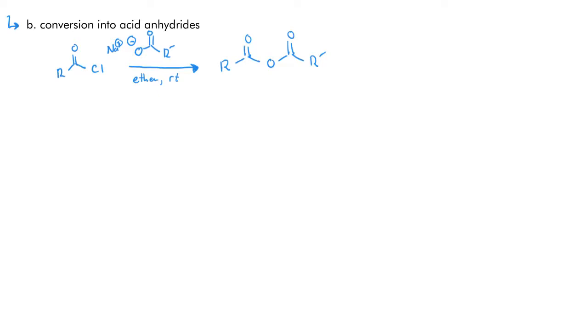A good question to ask would be, well, where would you get a sodium carboxylate? Well, we would prepare the sodium carboxylate from the carboxylic acid by treating it with sodium hydroxide. Now, a lot of times you can buy the sodium carboxylate that you want.